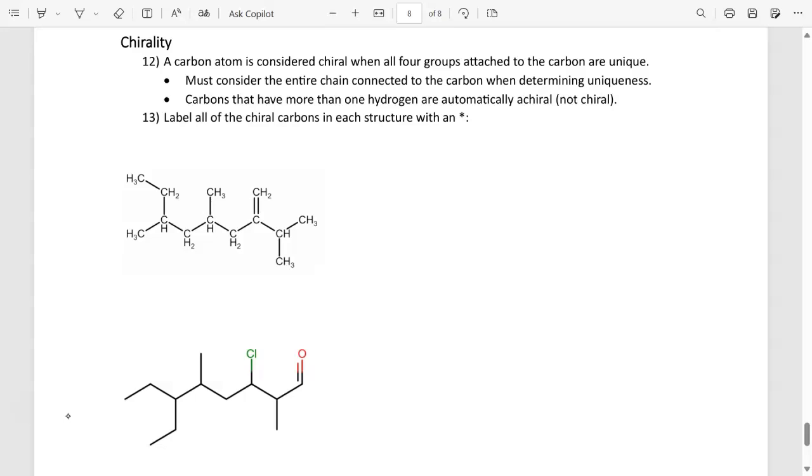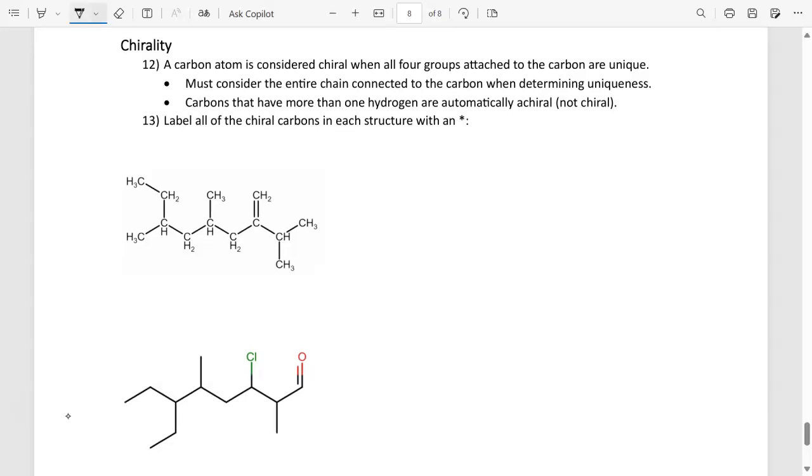Also, carbons that have more than one hydrogen are automatically what we call achiral, and that's just the opposite of chirality, so not chiral. Another type of carbon, which I did not include here, so please add this to your notes, is that a carbon that has a double or a triple bond is also achiral.